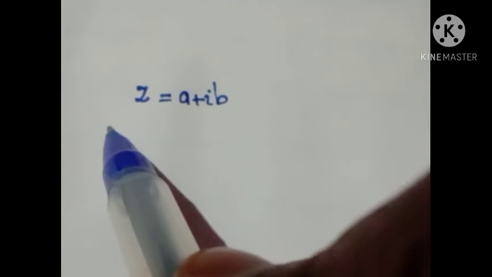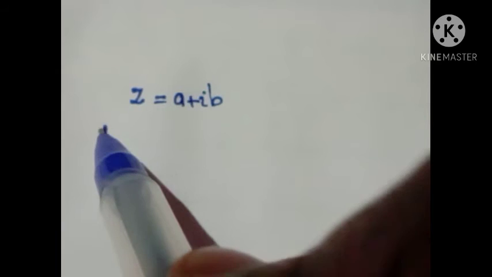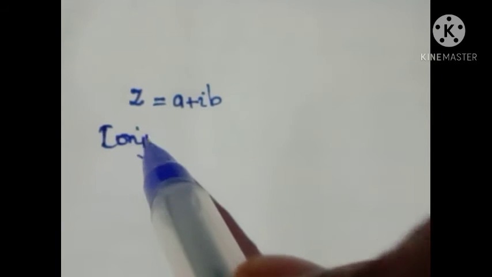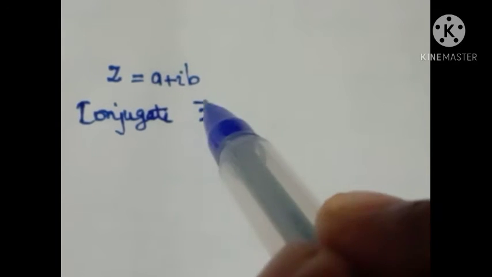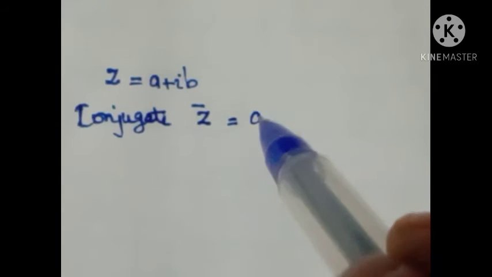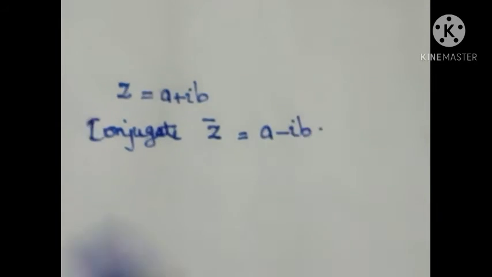Let's see another one using conjugate and modulus. We already know what is conjugate and what is modulus. Suppose z equal to a plus ib is the given complex number, then its conjugate is denoted by z bar. Conjugate is a minus ib.